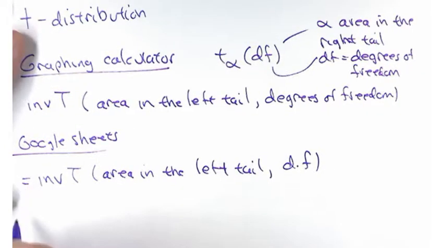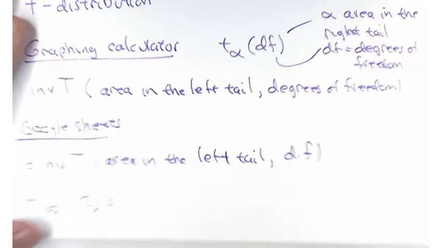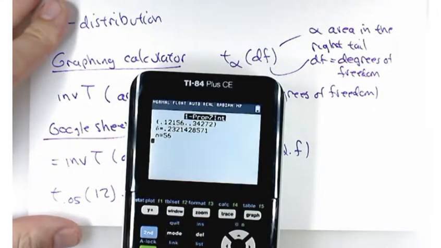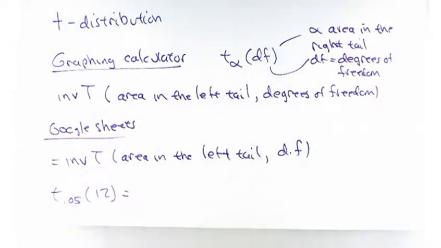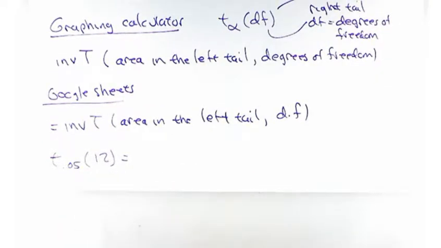We'll start with T sub 0.05 for 12 degrees of freedom. Okay, now let's understand this. That means 5% of the area is going to be in the left tail. But that's not what I want to use with my technology. What number should I put into my graphing calculator? 0.95.